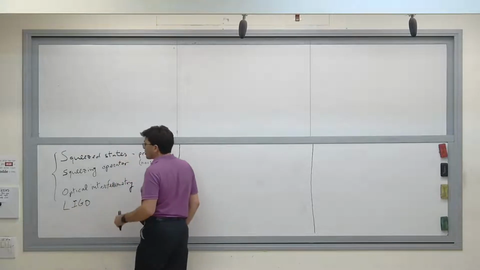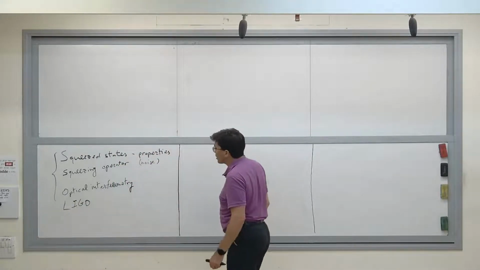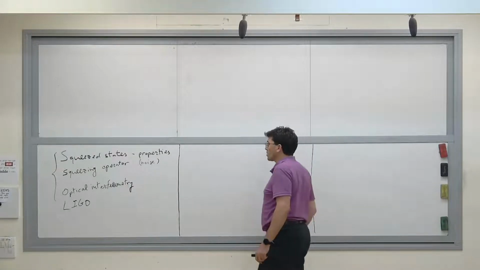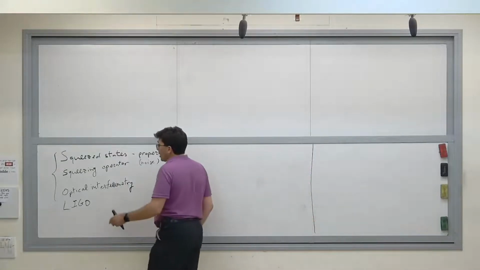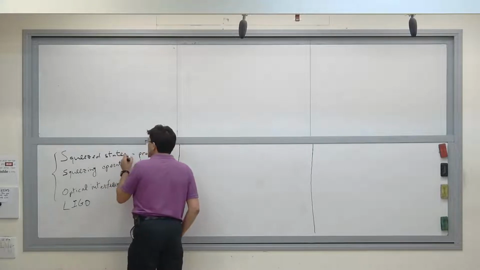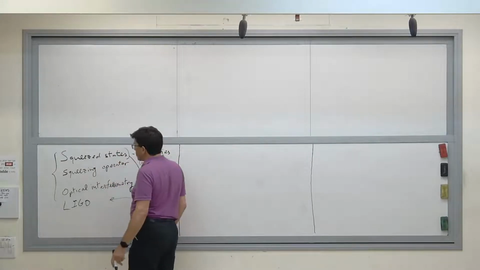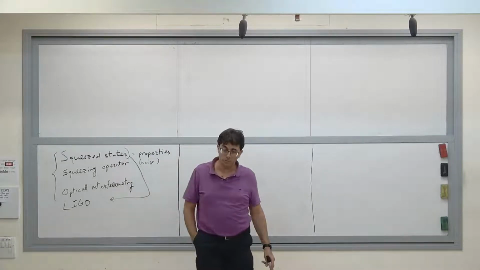just because it's interesting. We started talking a little bit about LIGO before, which is the largest interferometer in the world, and how squeezing comes into LIGO in order to improve its performance.